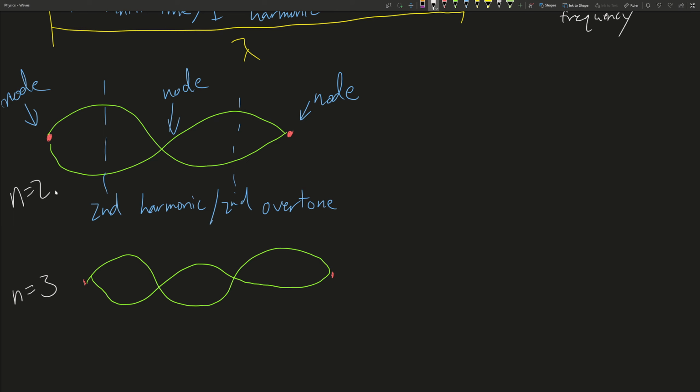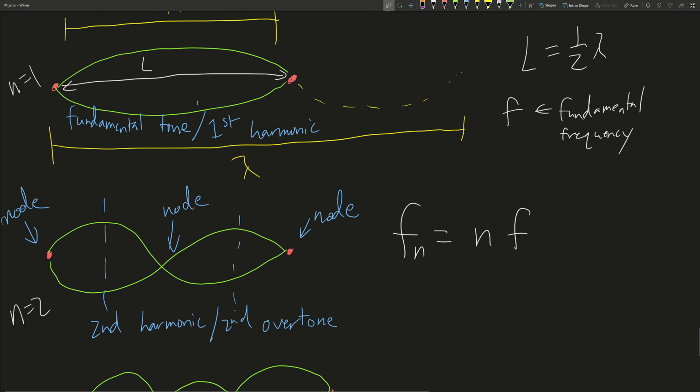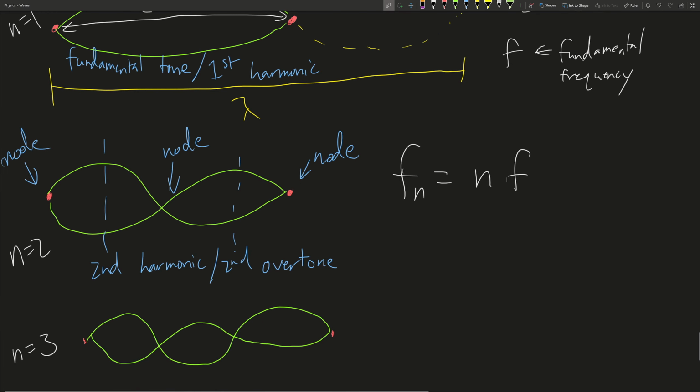And now the frequency of this nth harmonic is going to be equal to n times the fundamental frequency. Notice that the frequency of this n equals 2 harmonic is going to be double the fundamental frequency. And so for this, f2 is equal to 2f, and f3 is equal to 3f.